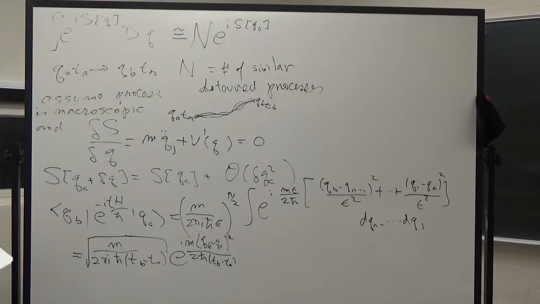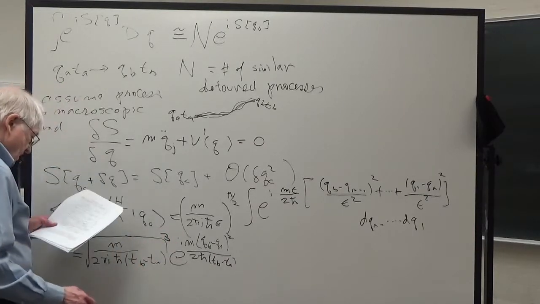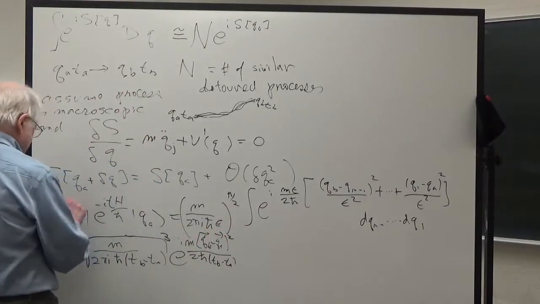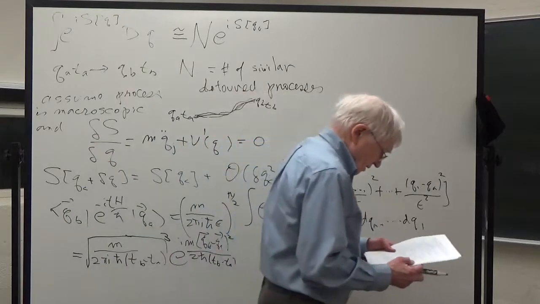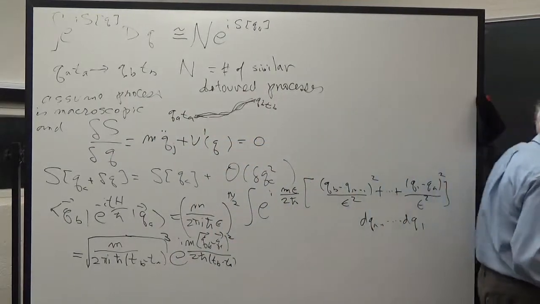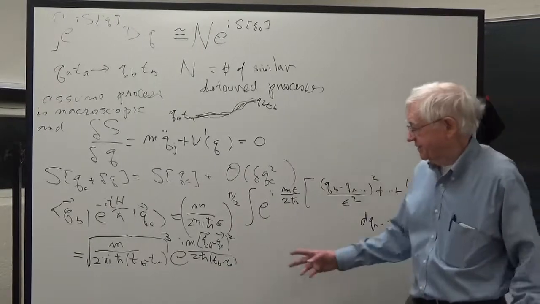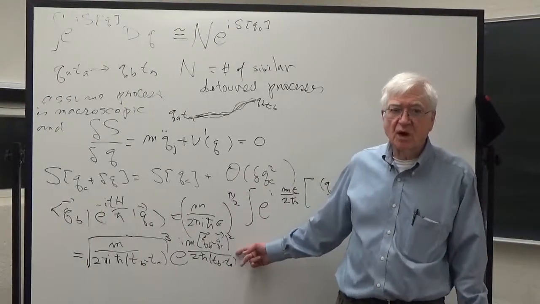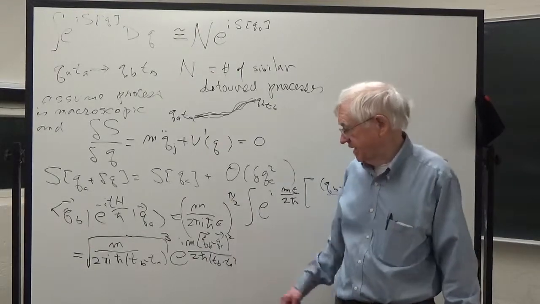In 3 dimensions it's the same thing, except that you have to cube this factor and put arrows on the Q's. Let me remind you that this is in fact the amplitude that one gets in ordinary quantum mechanics.